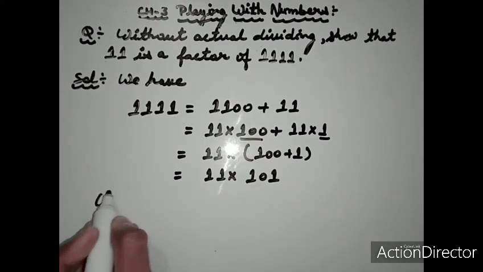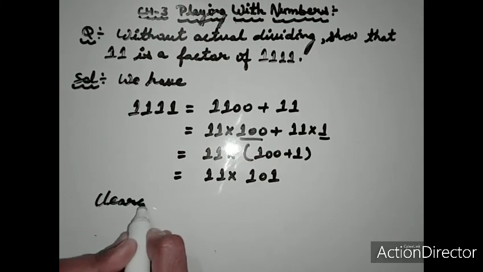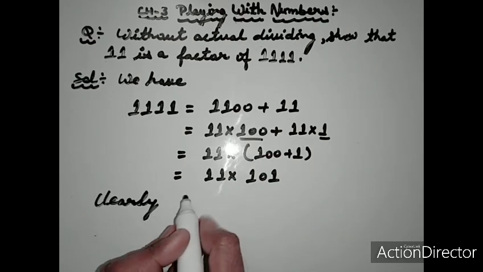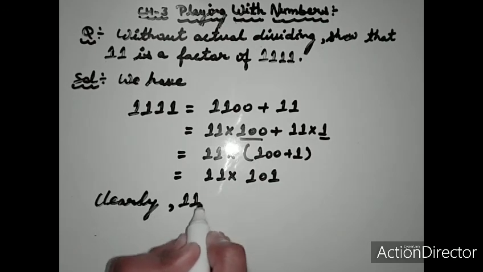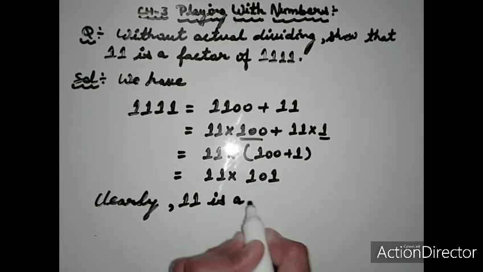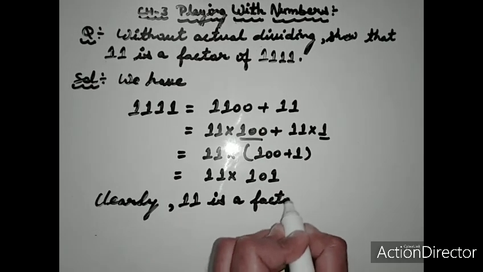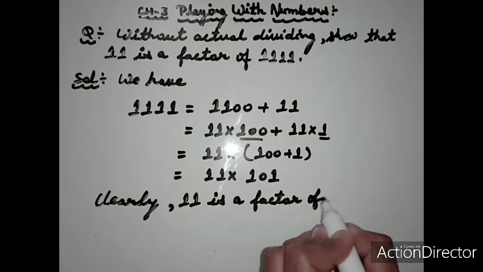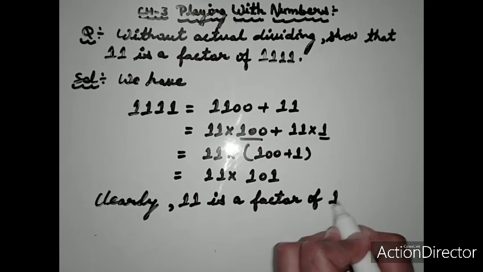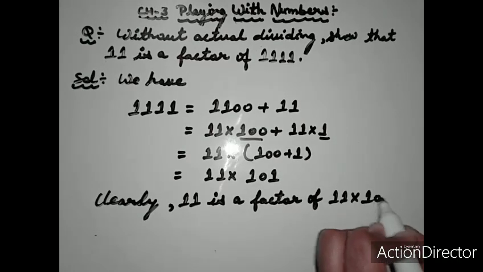So here we say that clearly 11 is a factor of 11 multiplied by 101.